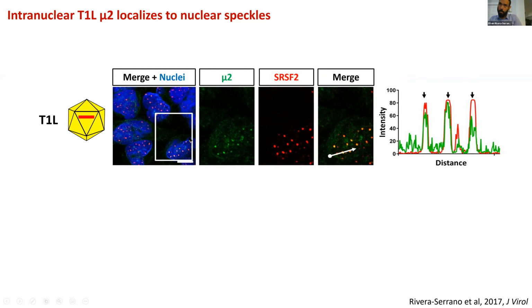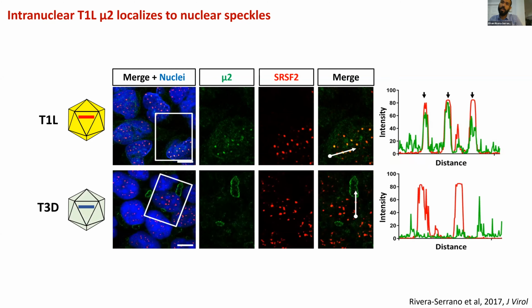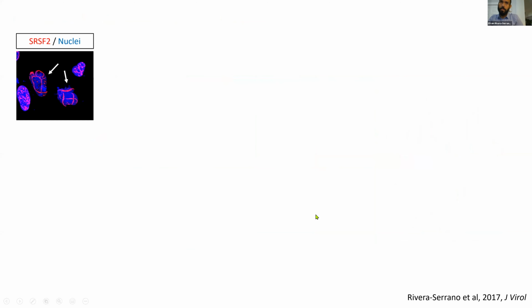The nucleus here is in blue, and it's binding to a protein in these very discrete dots inside the nucleus, that one being SRSF2. And that was with the virus that caused myocarditis. If you look at the other strain, mu2 was not in the nucleus, you can see that it's outside of the blue, and it was not doing anything with that protein. Inside the nucleus, you can see, here are 4 cells.